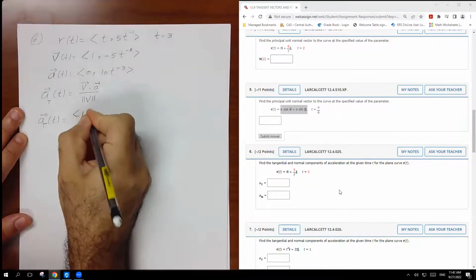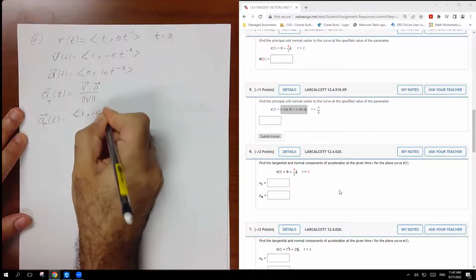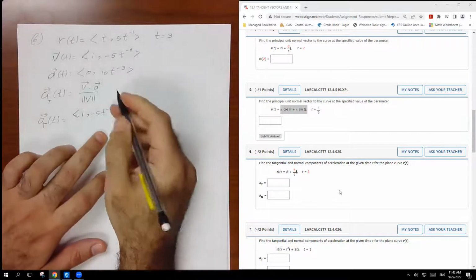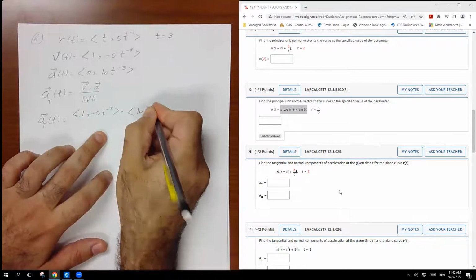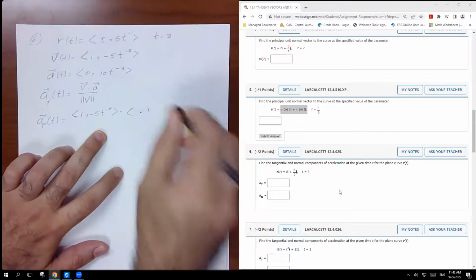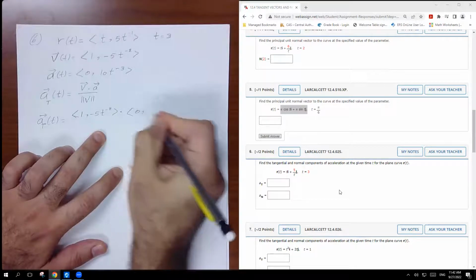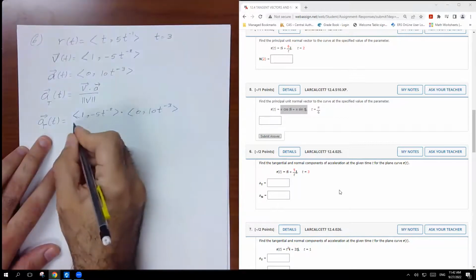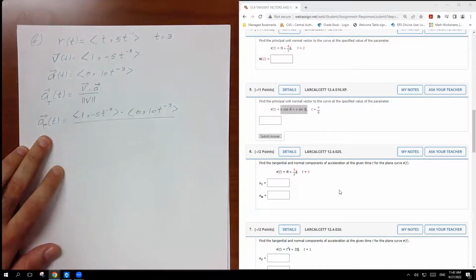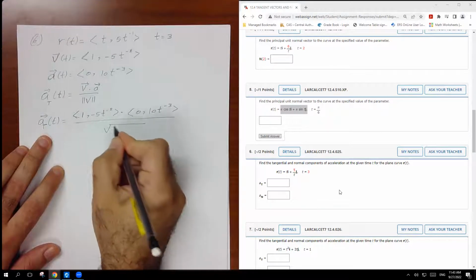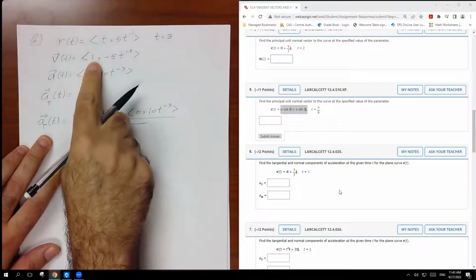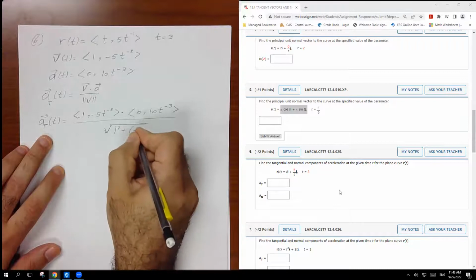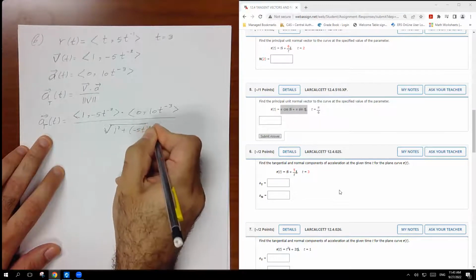The velocity is 1, negative 5 t to the negative 2, dot product with the acceleration, which is 0 and 10 t to the negative 3, over the length of the velocity, which is going to be the square root of 1 squared plus negative 5 t to the negative 2 squared.